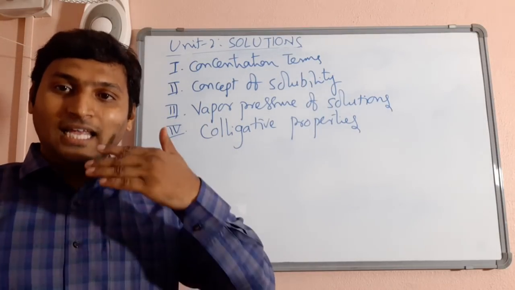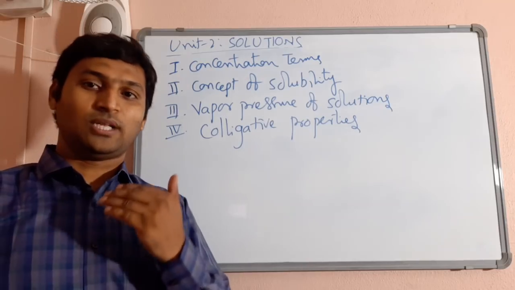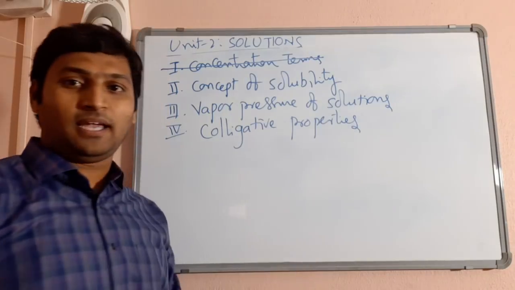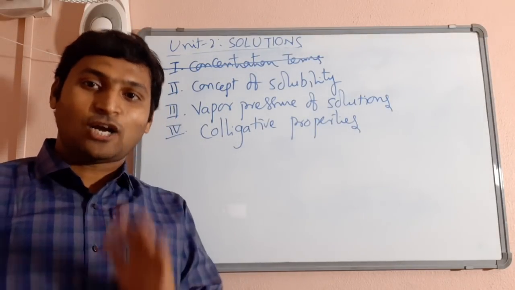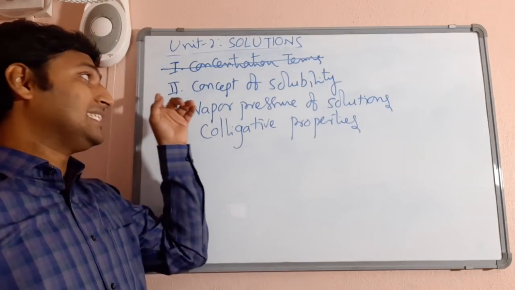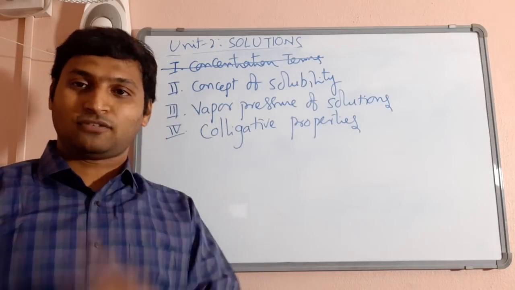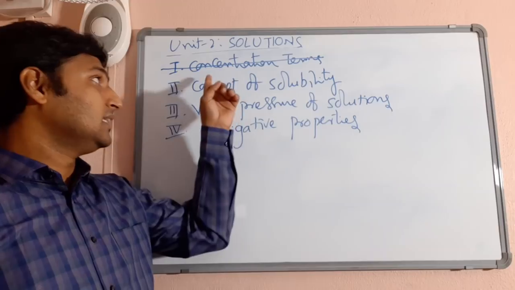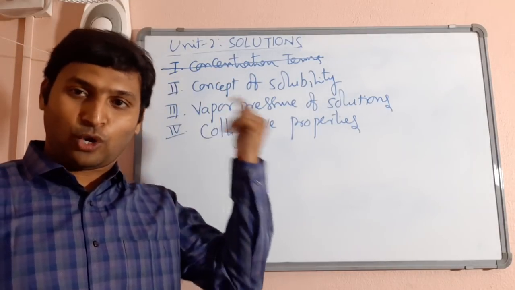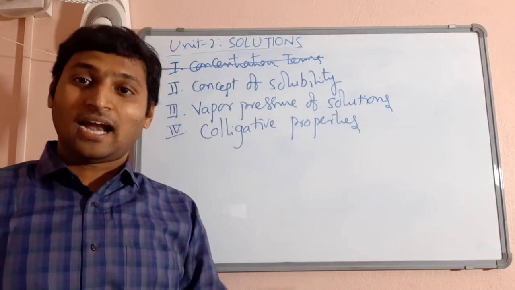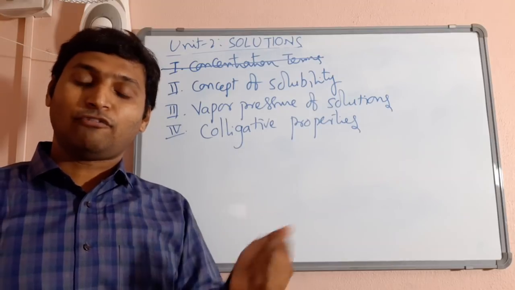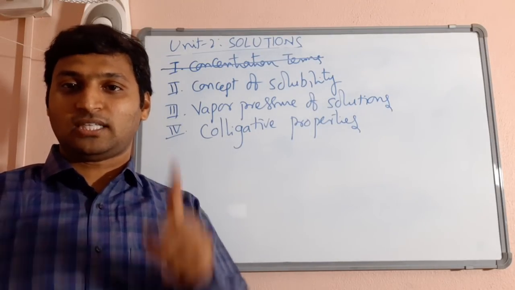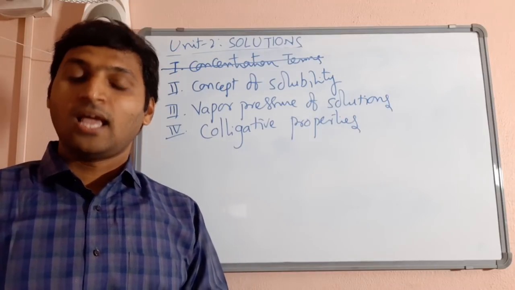Now, in these video lessons during this lockdown, I am skipping the first topic and straight away starting off my discussion with session 2, that is concept of solubility, for two reasons. One is that they must have done it to you before lockdown, and two is that this was already part of your first year's some basic concepts of chemistry, that is unit 1.